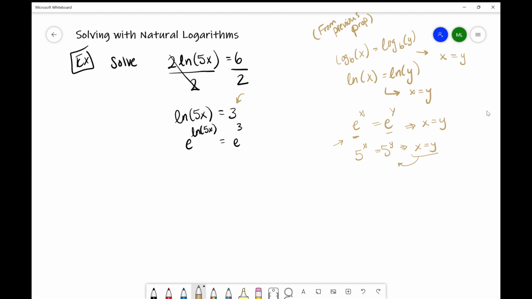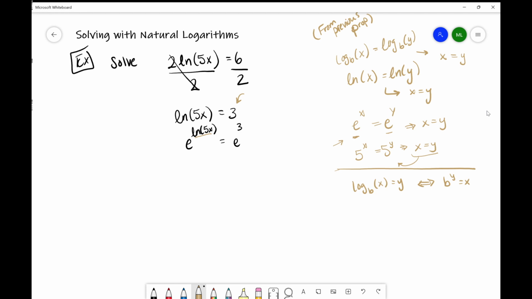Why do we have e to the power of ln? Remember when I told you that log base b of x is equal to y is synonymous to b to the power y is equal to x. Here, the natural log of 5x is the exponent.